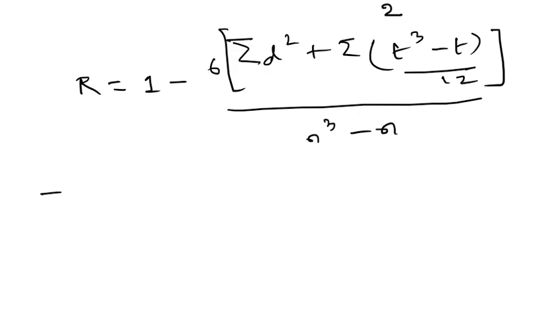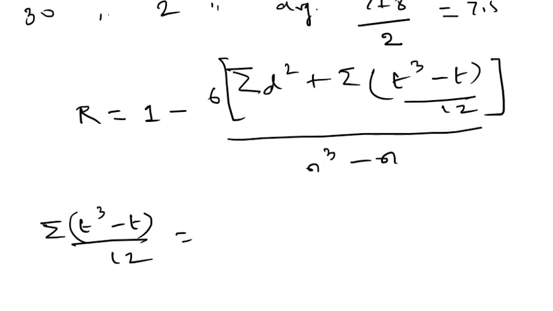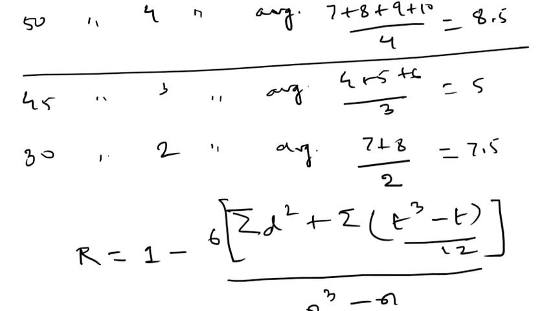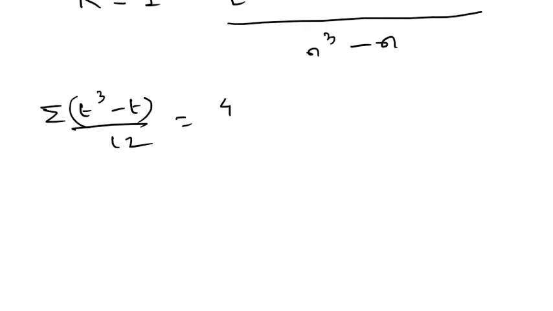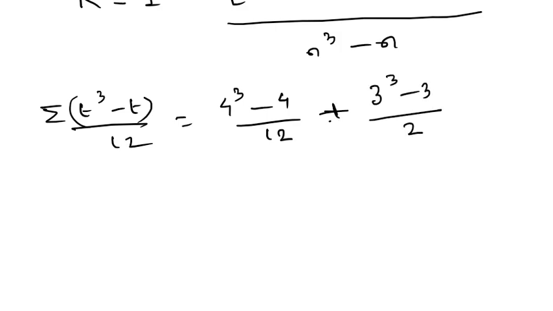Solving the ties, summation of t cube minus t by 12. We have 4 ties: 30, 45, 50 and 60. So 4 cube minus 4 by 12 plus 3 cube minus 3 by 12.